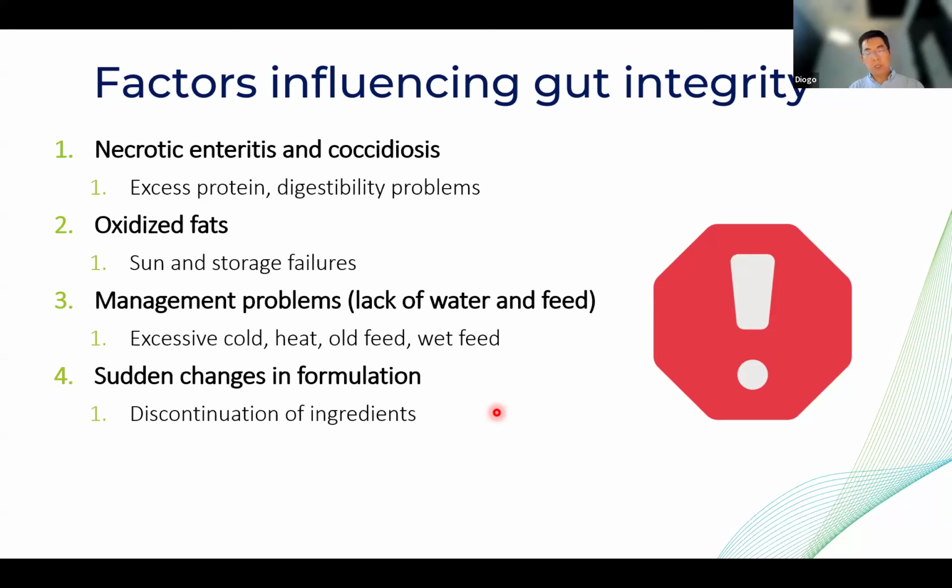Sometimes we are using alternative ingredients. We planned how to start to use them, but suddenly these ingredients end, and from night to day we need to change the formula again, and the birds need to handle this sudden change. Water quality remains important. It does not matter if you are using alternative ingredients or not.